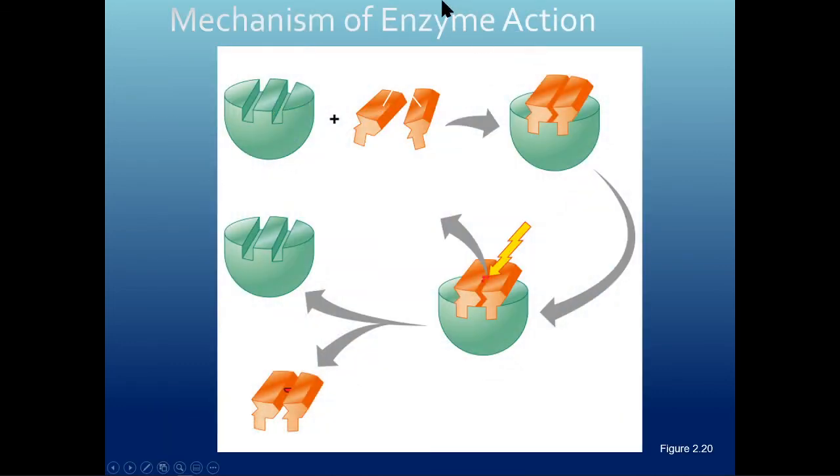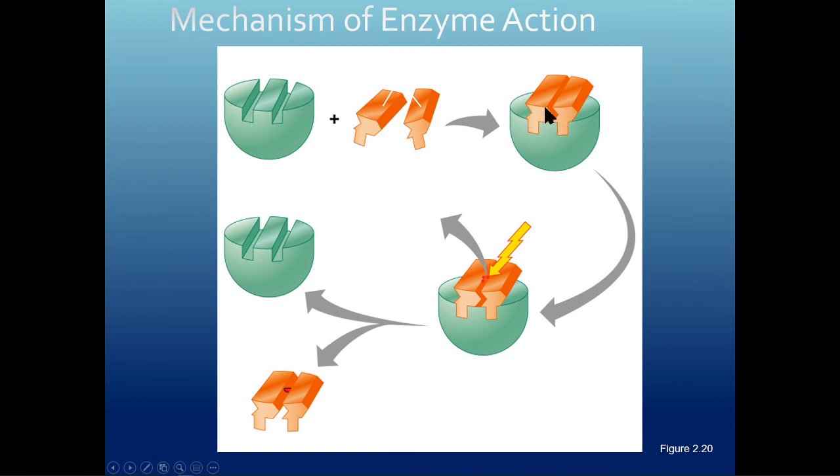So here we have the green, this big tertiary looking protein. It's this big structure. And here are our reactants. So we want these two things to come together to form this new molecule. What this enzyme does is it helps hold them together closely.